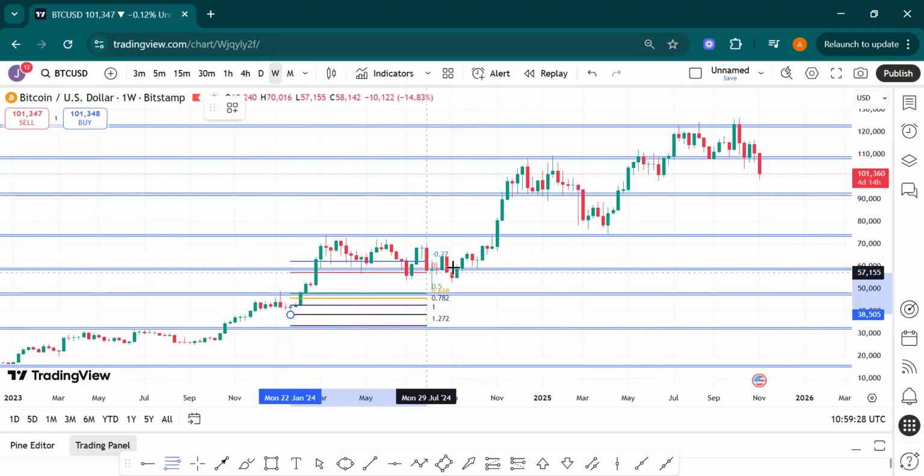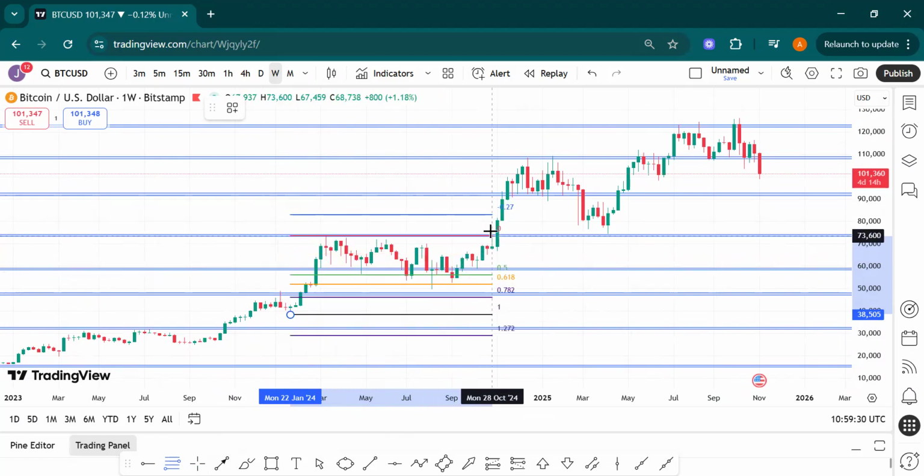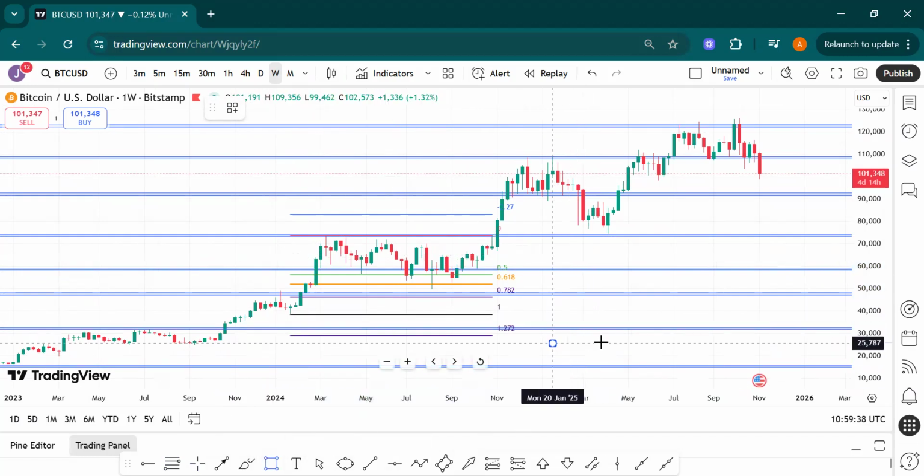So if I'm to draw this from swing low to swing high, we can see that Bitcoin always retraces to where I call the Fibonacci retracement golden zone.